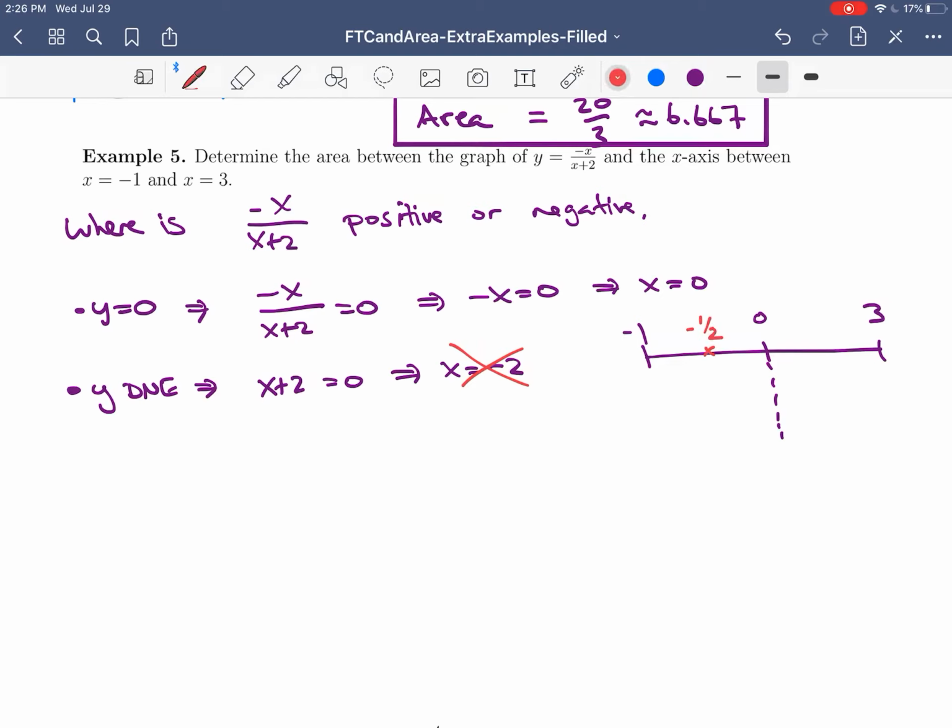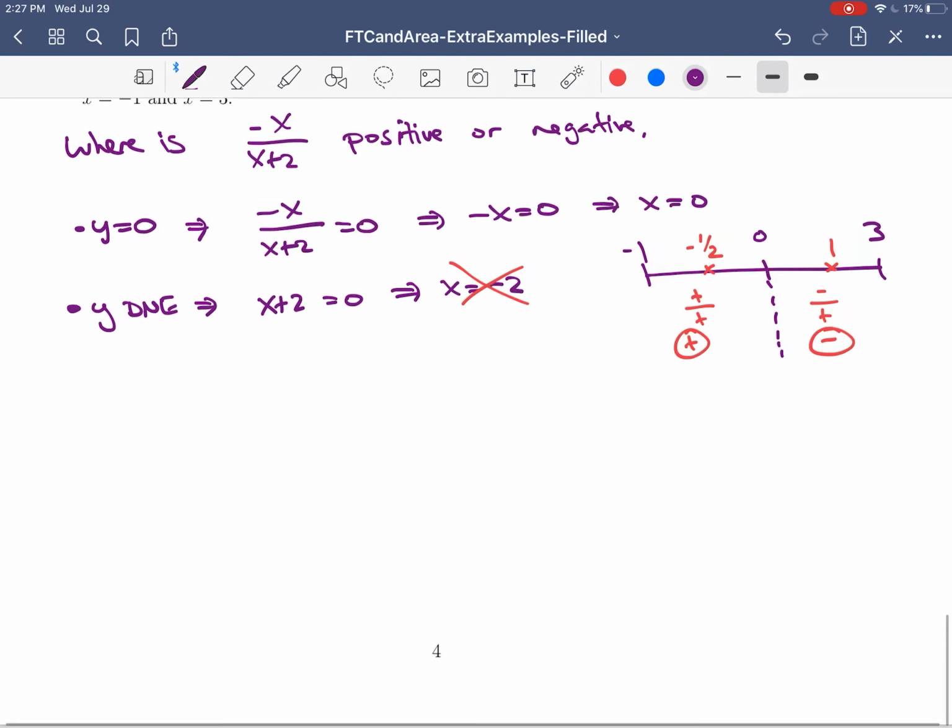If I put in negative 1/2, I have a positive number on the top and a positive number on the bottom, so it's positive in that interval. If I check 1, I have a negative number on the top and a positive number on the bottom, so it's negative in that interval.